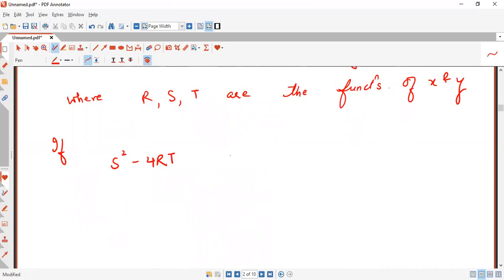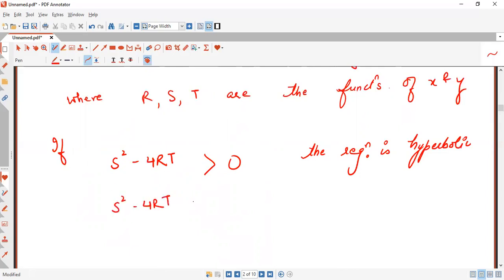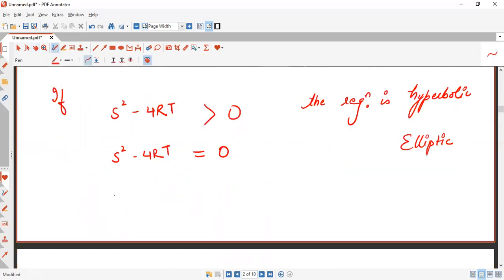Here, if you find s square minus 4rt and it is greater than 0, the region will come hyperbolic. If s square minus 4rt is equal to 0, the region will be elliptic. This you have to keep in mind. And if s square minus 4rt is less than 0, the region is parabolic.